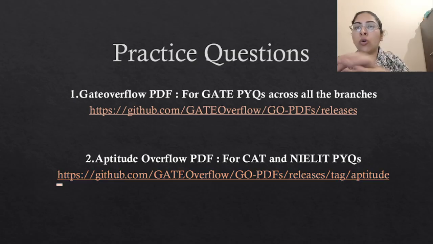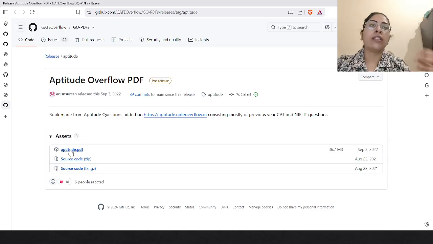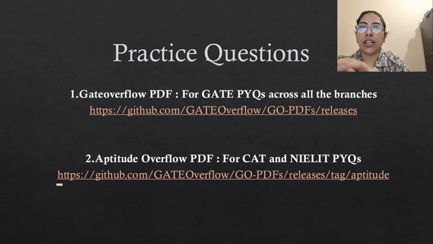Just go to this PDF, click here, and you will see the Aptitude PDF. This PDF is for advanced CAT and NIELIT PYQs. So I think this is sufficient, but if you want advanced practice, then you can go for the Aptitude Overflow PDFs.